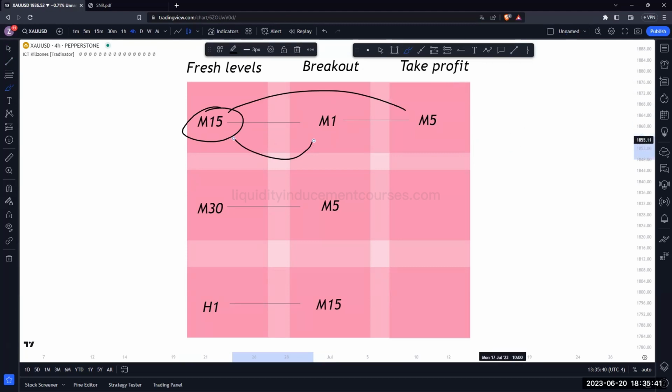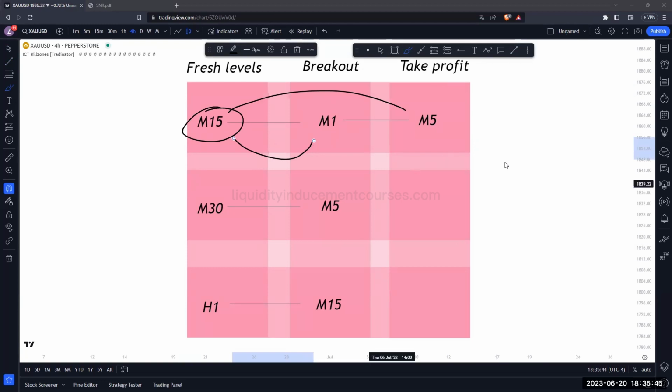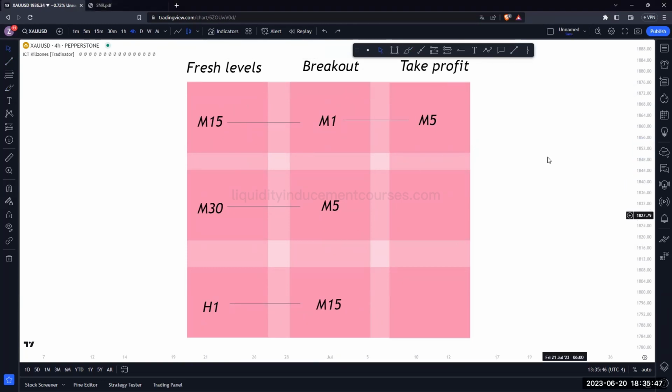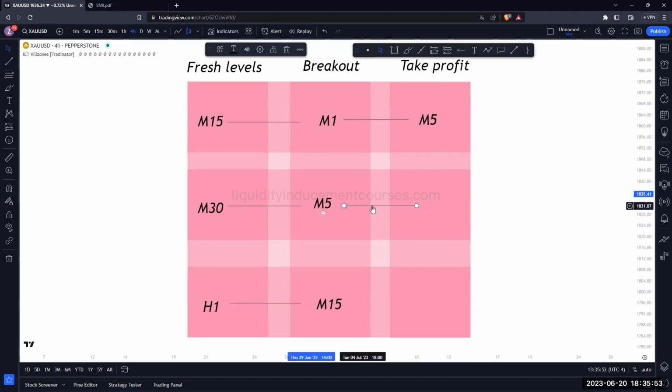Do you understand this or not? Yes. Okay. So M30, M5 entry. I'm going to show you the entry, don't worry. Here you're going to have the TP at M15, and here M30.